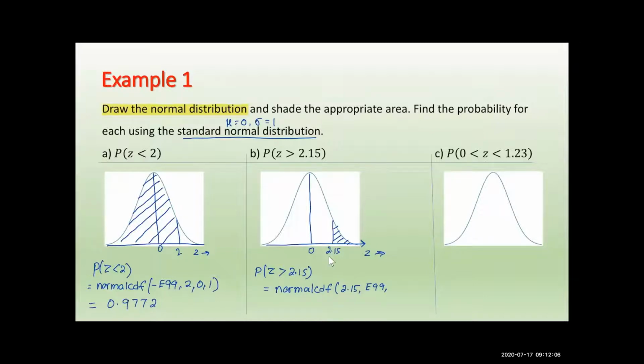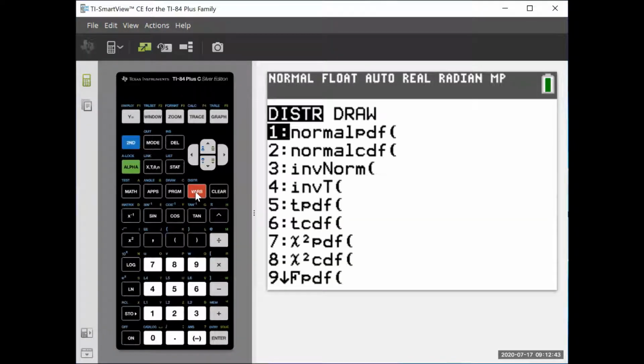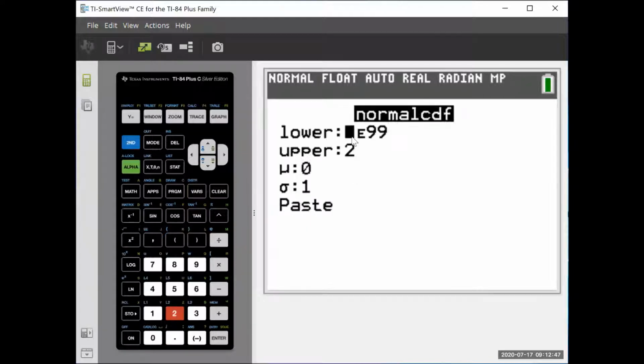Okay, so the lower limit 2.15, upper limit is infinity, your mean is 0, standard deviation is 1. Now let's again type this in our calculator together. I'm going to share my calculator. In TI-84 calculator, we go to second, then vars, then number 2. Lower limit in our case is 2.15.